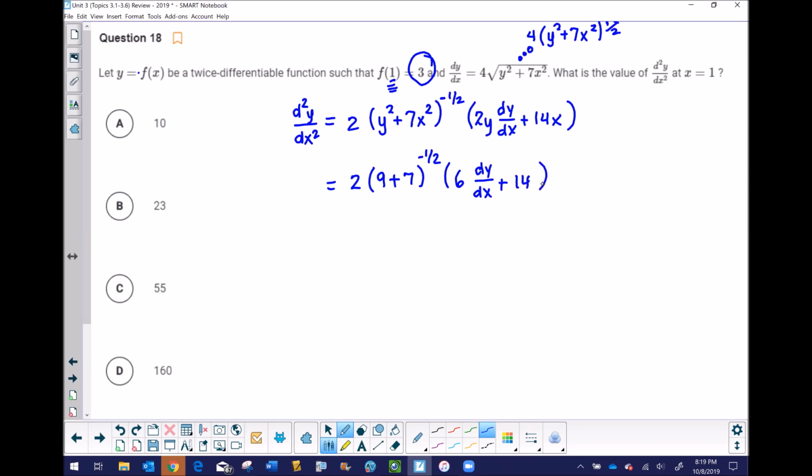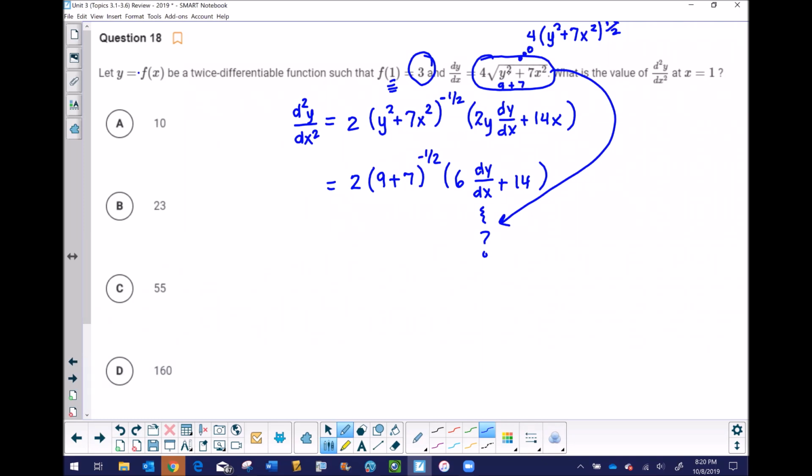Now, if I could just get you guys to simplify this, but wait a minute. Wait, what the heck are you doing in there? Do you remember what we had to do with the dy dx before? Replace it with this. Can you imagine that being replaced right there? And if it is replaced and we let the y be 3 and the x be 1, guys, I want to say that we get a 9 plus 7 underneath the square root, right?